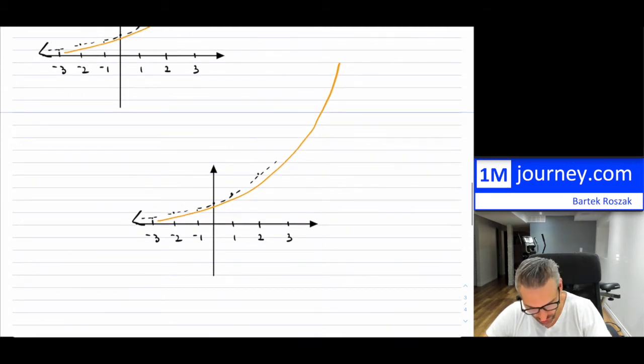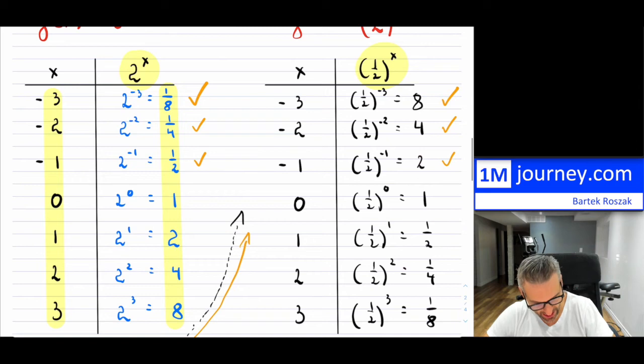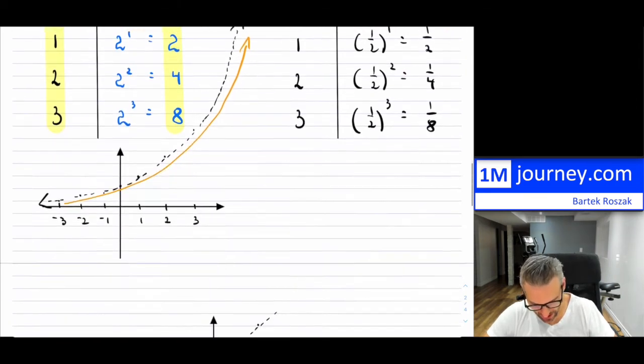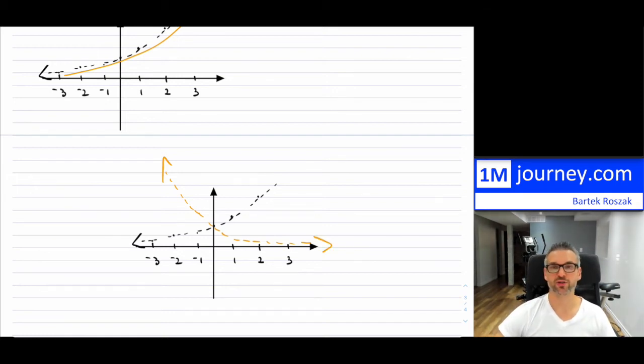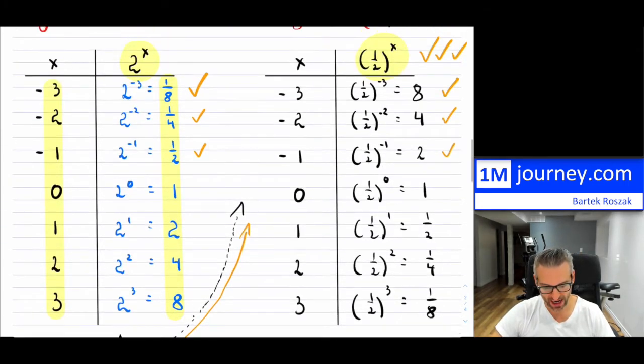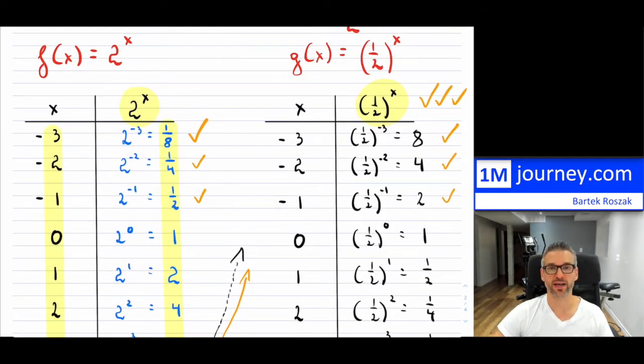And if you were trying to plot this table of values, this would have been going like this. So it's almost like a mirror image, just going in the opposite direction. So that's what would have happened right here with that exponential.